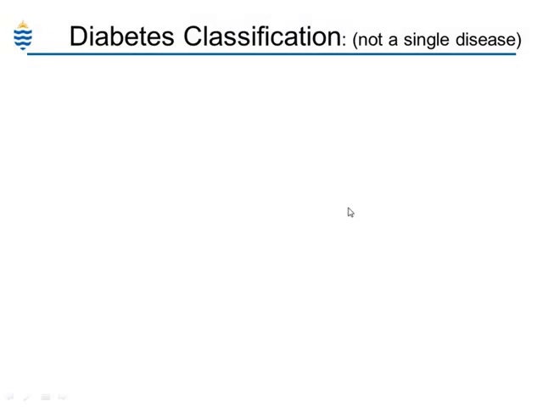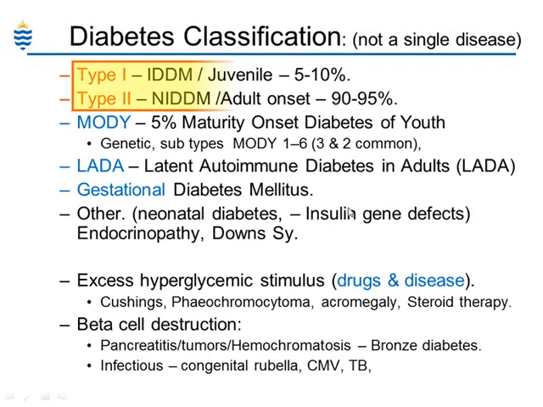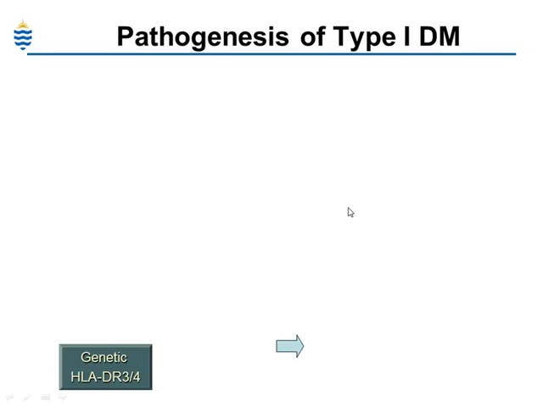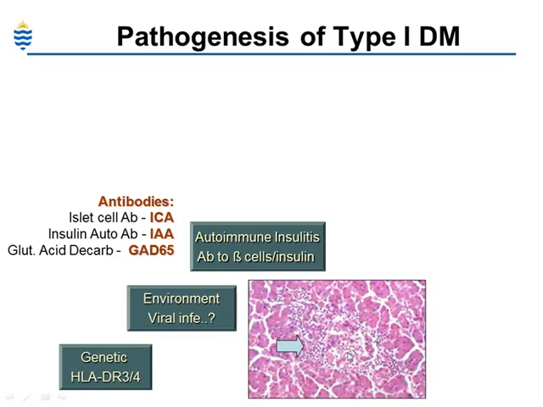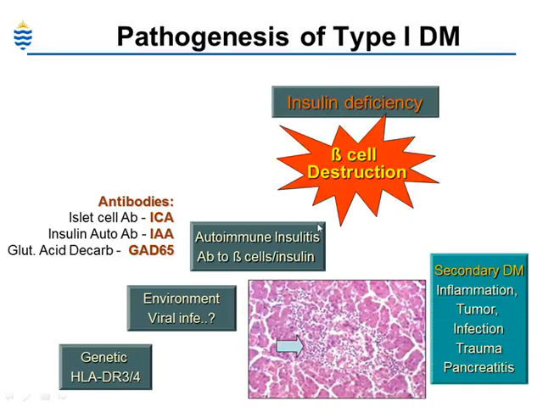So insulin resistance, diabetes classification, you all know. Now type 1 diabetes: genetic predisposition, environmental factors, query viral infection, autoimmune insulitis, inflammation in the islets of Langerhans, beta cell destruction, insulin deficiency, secondary diabetes.